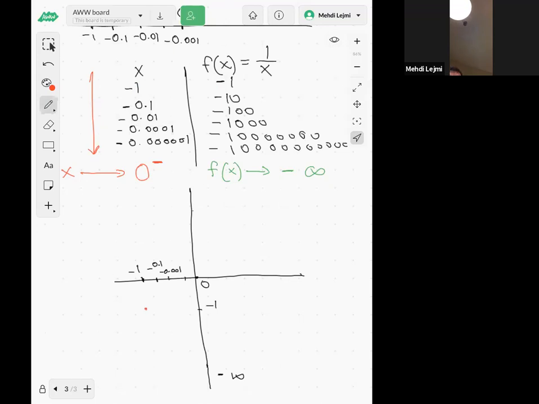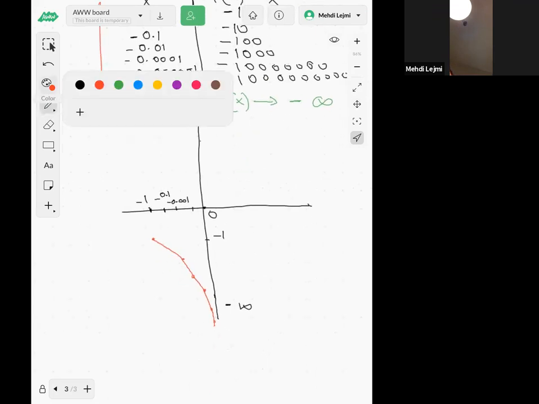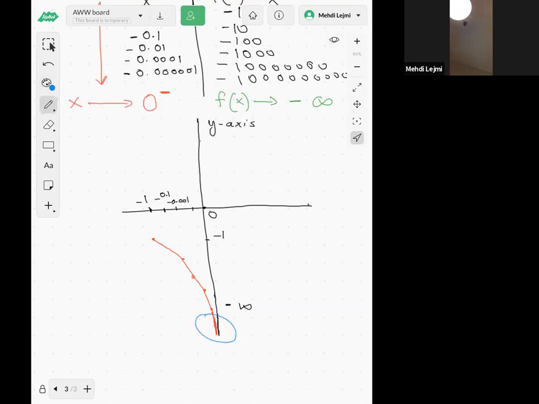When x is -0.1, that would be -10, then -100, -1 million, -1 billion, etc. Again, the graph is getting as close as you want to the y-axis, this vertical axis, but it doesn't touch the y-axis, because f of 0 is undefined, right?